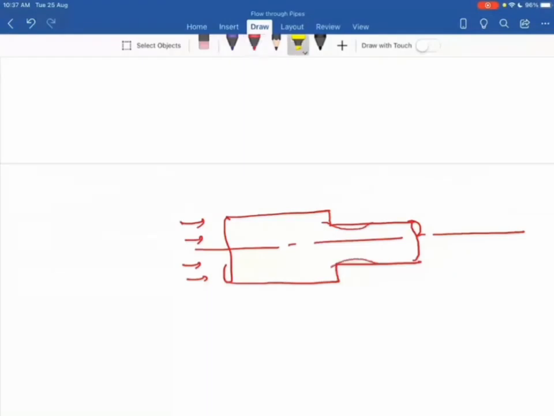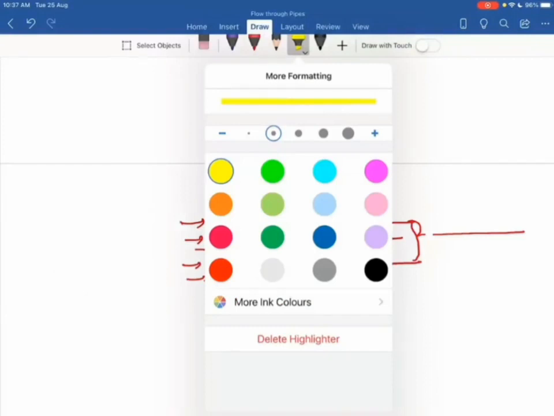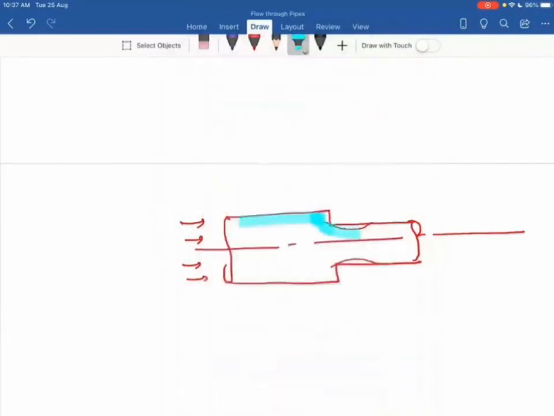So liquid coming out from this pipe like this. Now the cross section is minimum over here for the jet. So this is called vena contracta.